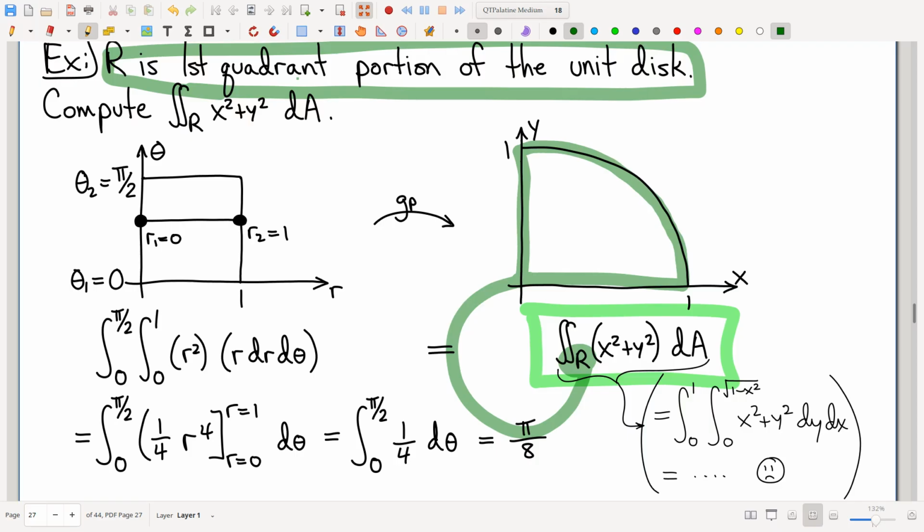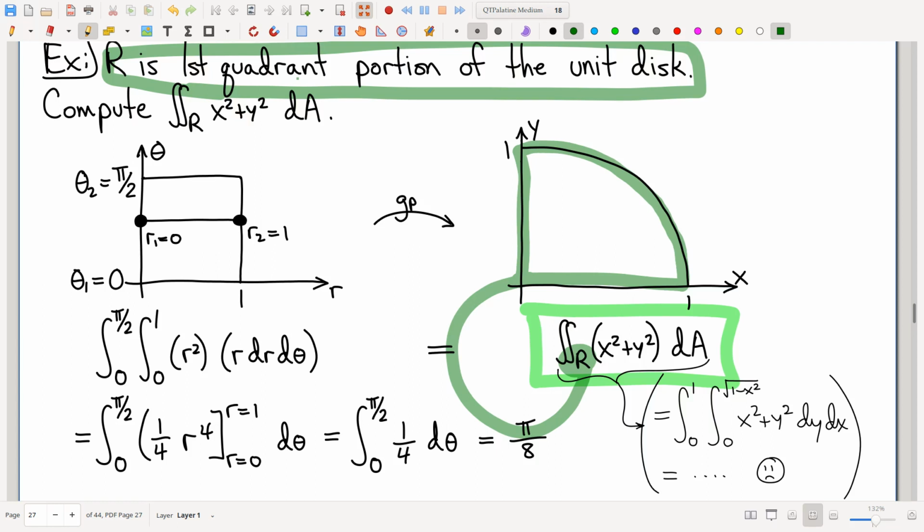You're still going to have a square root in your inner bounds, which means you're going to have a square root in your outer integrand, which means you're going to be doing trig substitutions and other tedious, doable computations. It's doable. It's not that it's not possible, but it's an inconvenient computation. Everybody see why this is undesirable?